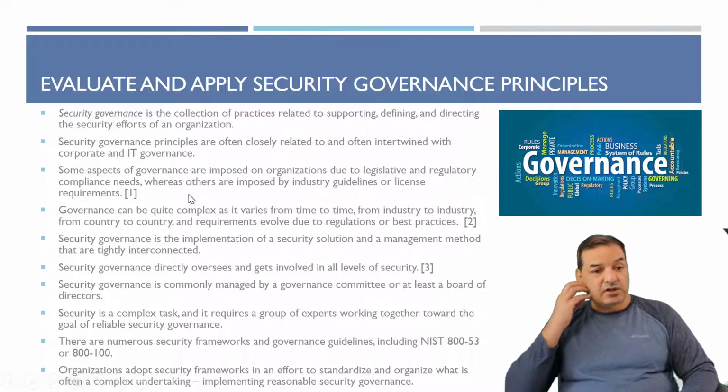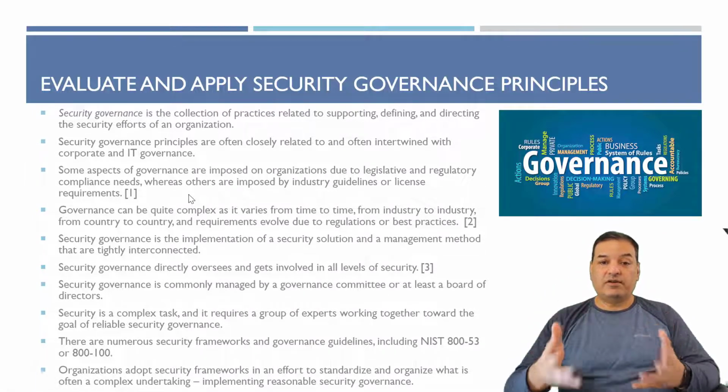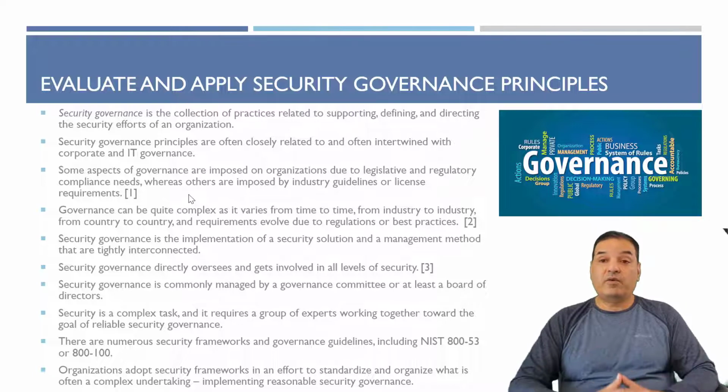Some aspects of governance are imposed on an organization because of the laws and regulations of a country, and some are required by industry. A government regulation example might be GDPR, the privacy regulation in Europe, as well as PCI DSS, which is the standard for the finance industry within the US.